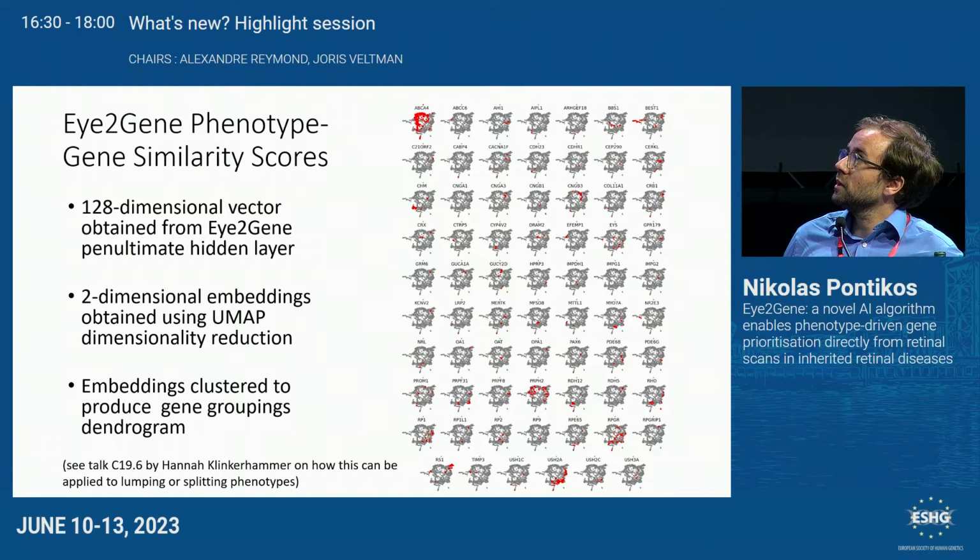So what you're seeing here on the right are these little gray points. Each of these represents a scan which has been fed into the Eye2Gene neural network, and you're seeing the 2-dimensional projection of that. In a way you can think of it as looking inside the brain of the AI and seeing what neurons get activated based on the input.